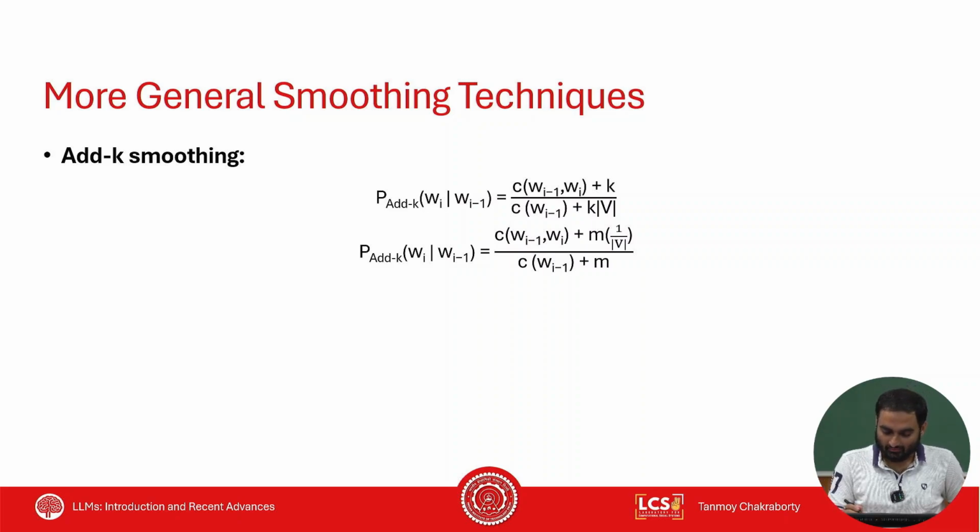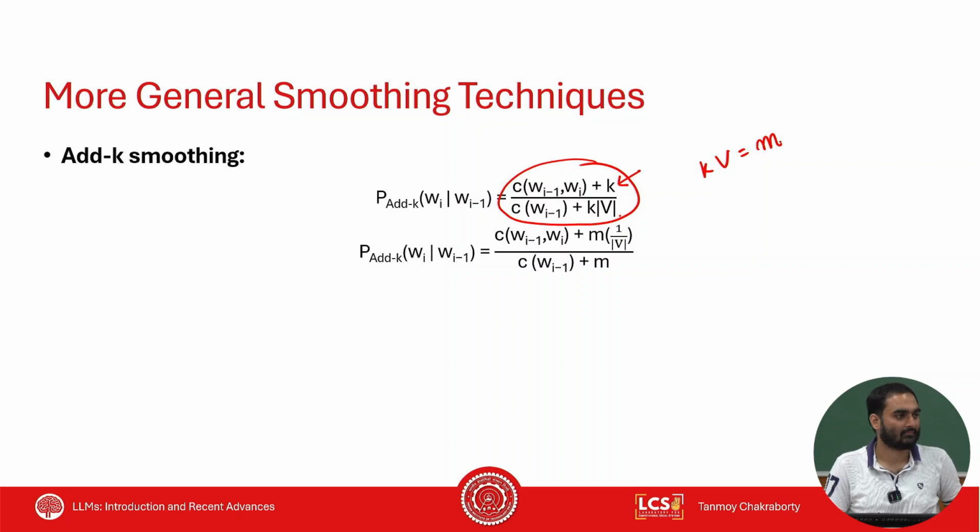Okay. So this is the add-k smoothing that we discussed so far. We added k to the numerator and k times v to the denominator, right? So if you think of k times v as m, then k is essentially m by v. So we replace k by m times 1 by v. By the way, I'm misusing the notation actually.